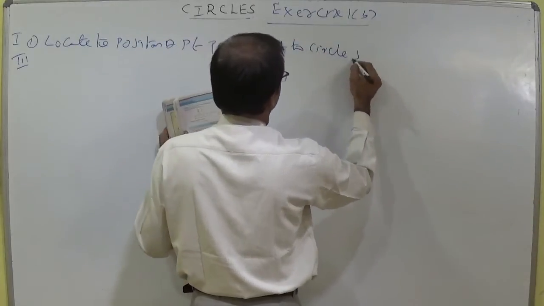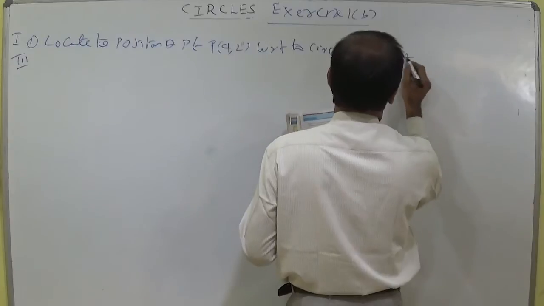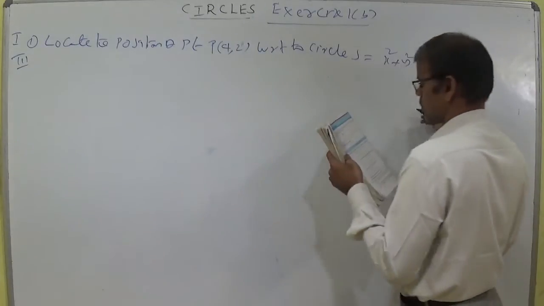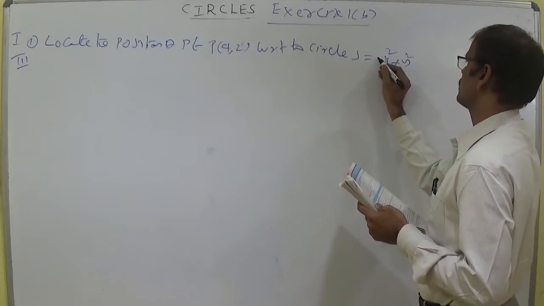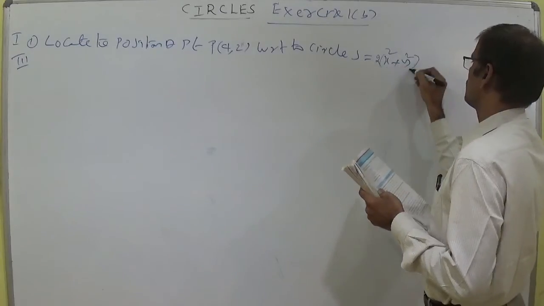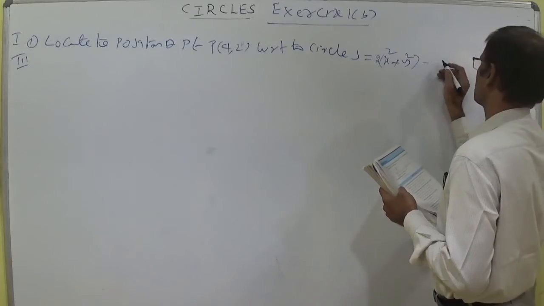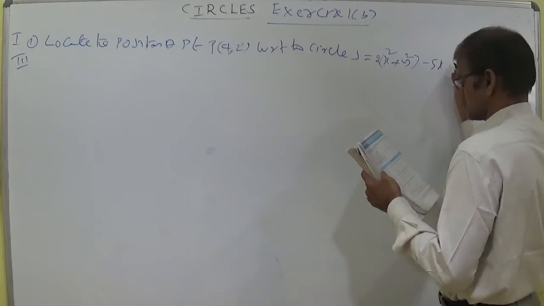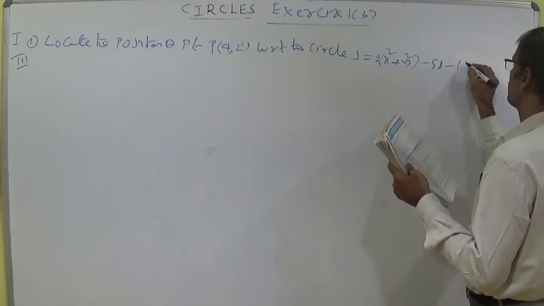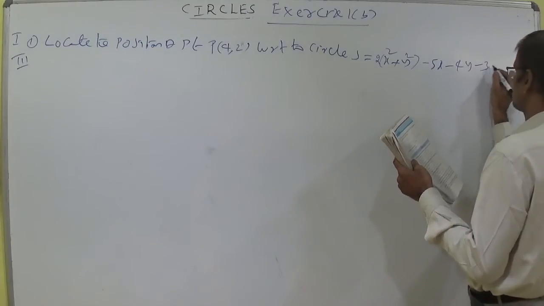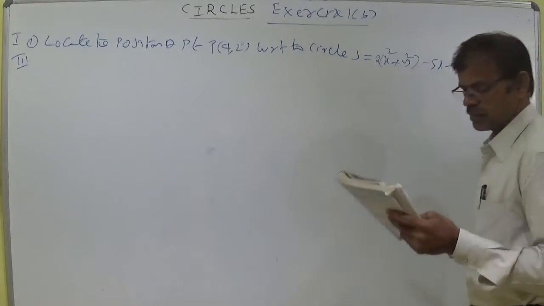With respect to the circle S, which is given as 2 into (x square plus y square minus 5x minus 4y minus 3) equal to 0.